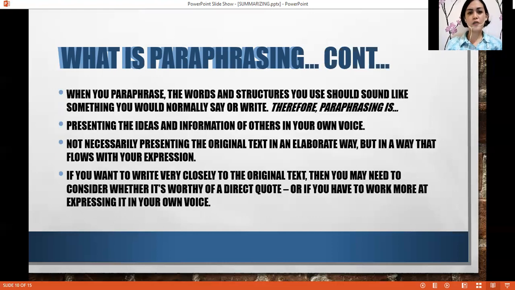So when you paraphrase, the words and structures you use should sound something you would normally say or write. So therefore, paraphrasing is presenting the idea and information of others in your own voice. It's just like you have listened to a chismis or you have listened to a news and then your friend asks you, "Uy, ano yung balita?" or "What is the news all about?"